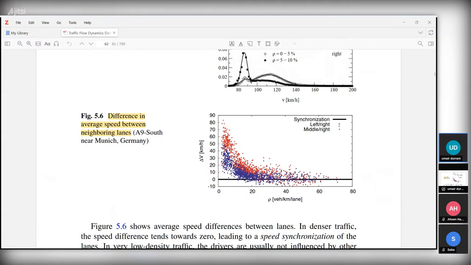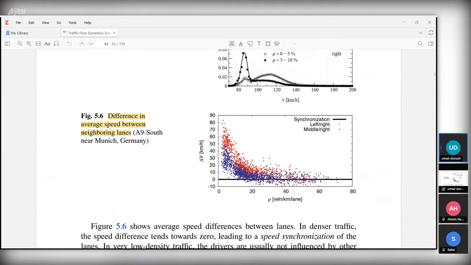The red circles here represent the difference in average speeds of left and right lanes, and the blue circles represent the difference in average speeds of middle and right lanes. So as we have a smaller density, which means more free flow conditions, the difference in speeds between left and right lanes and the middle and right lanes is higher.